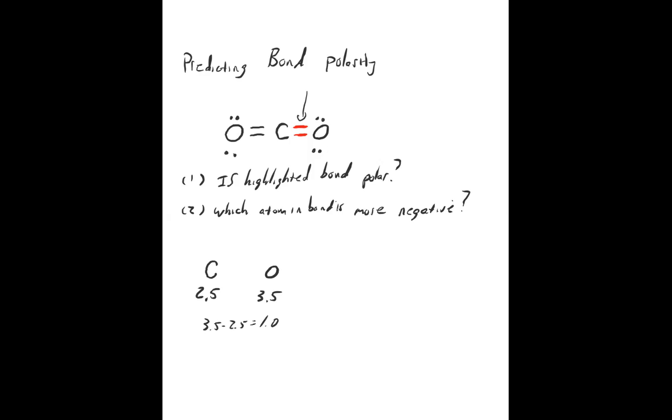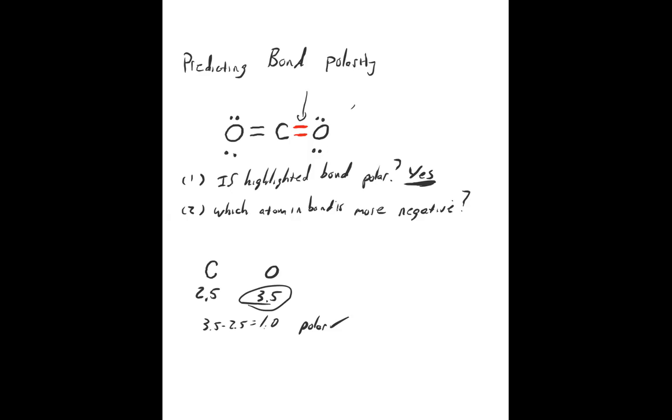That's certainly greater than 0.4, so there's no question it's polar. That's going to be a polar bond. So yes, it is polar. And which atom is more electronegative or more negative? Well, the one that's more negative is the one that's more electronegative. That's really what it means. So the oxygen, it's the one with 3.5.